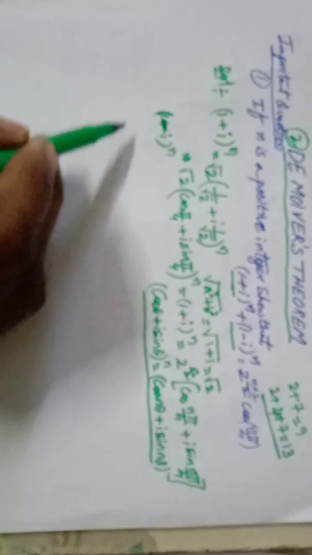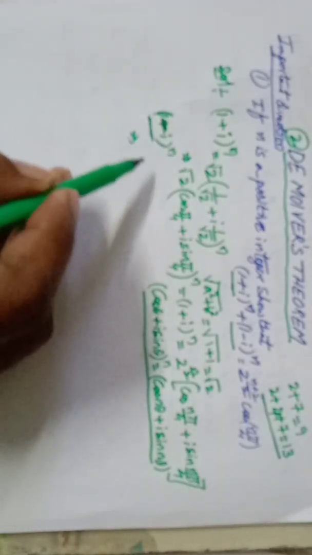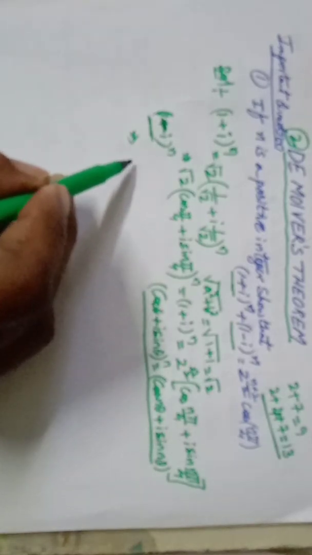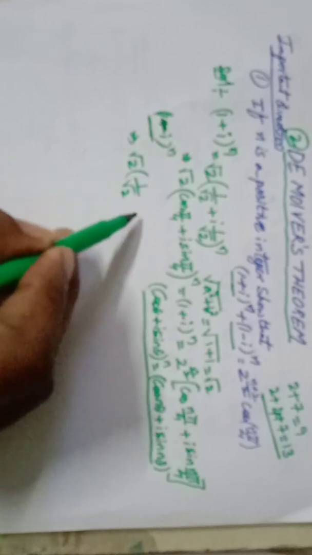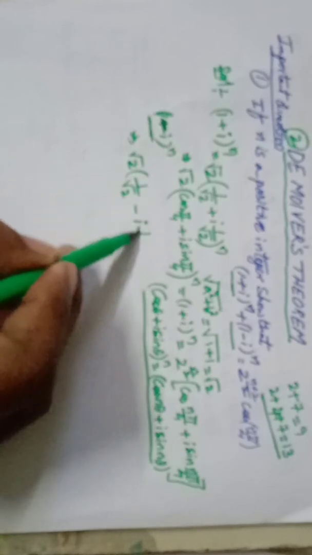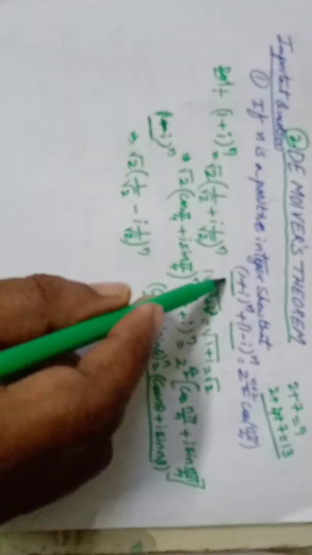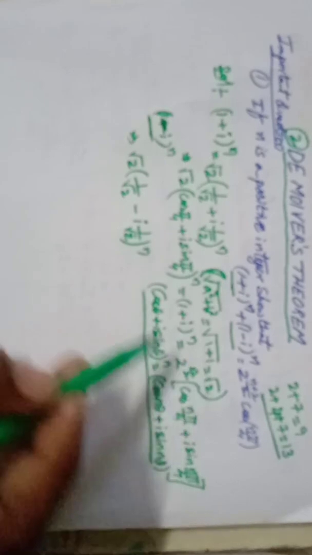Next, similarly, this one also you have to find. Here also you have to divide by root 2. Then what will we get here? Root 2 into (1 by root 2 minus i into 1 by root 2) whole to the power of n. Same reason, here we are having a square plus b square value, 1 plus 1, so we get root 2.